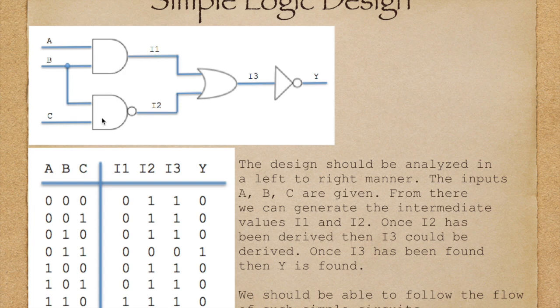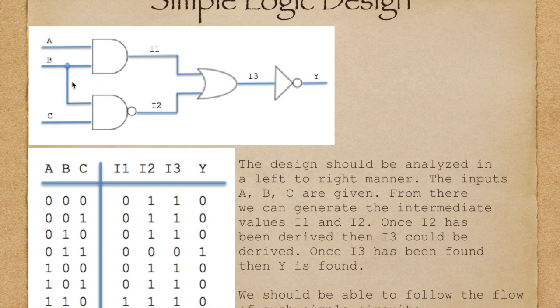And the way that we would analyze this type of circuit, it's nice to give intermediate names to the connections. And then we can say, since the inputs are given when we're doing the analysis with 3 inputs, 2 to the 3 is 8, so we have 8 rows.